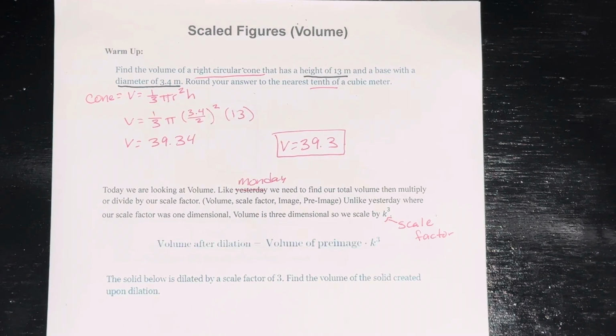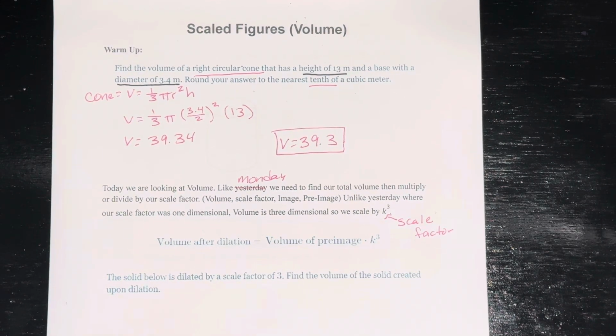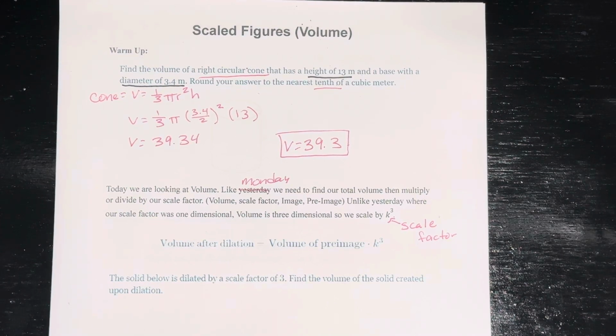Okay, so first, what I want to do is see what the volume of our original figure is. Our shape is going to be a triangle base, rectangle height. So we're going to do 1/2 times base times height of our base times the height of our whole image.